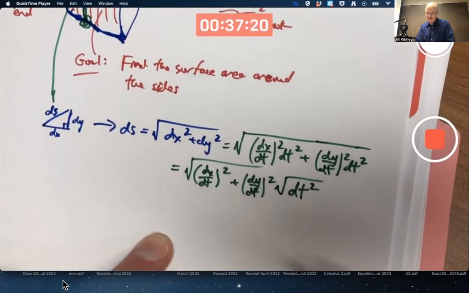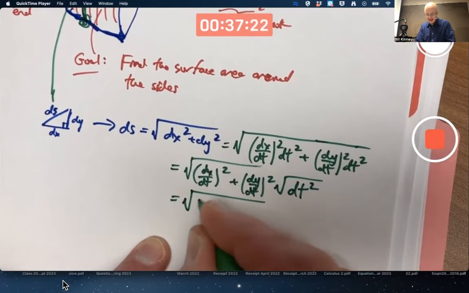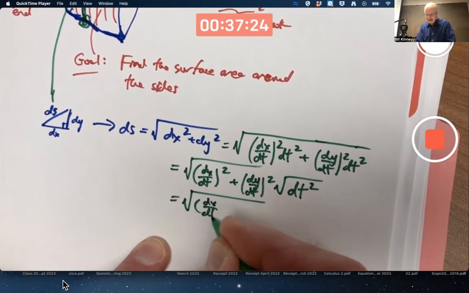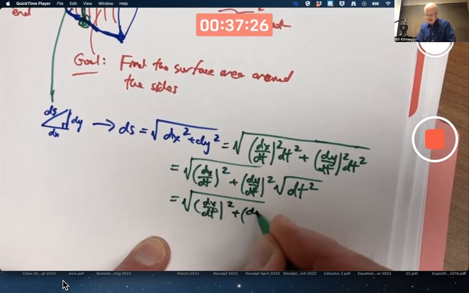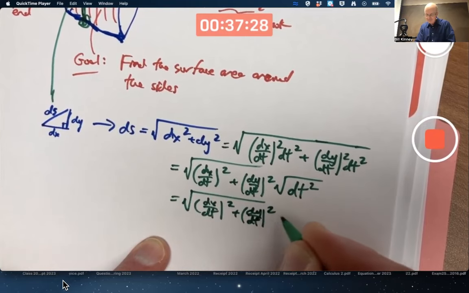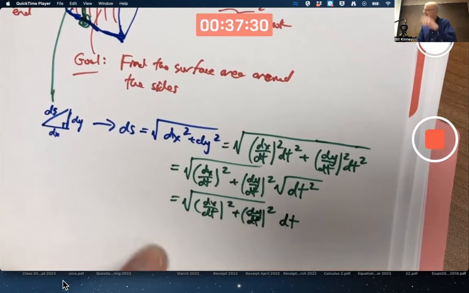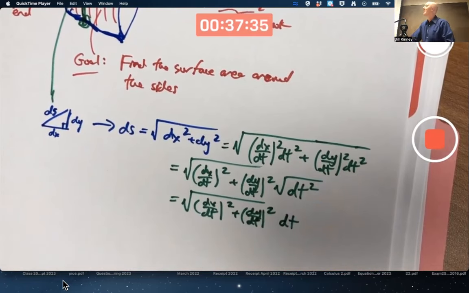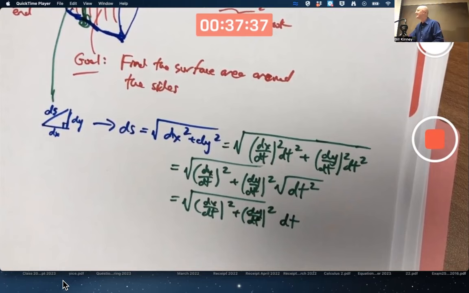And what's the square root of dt squared? I guess it should be dt. Or maybe absolute value of dt. I don't really feel like putting absolute values in there. Okay, let's just pretend dt is a positive infinitesimal number, so I don't need absolute value signs.